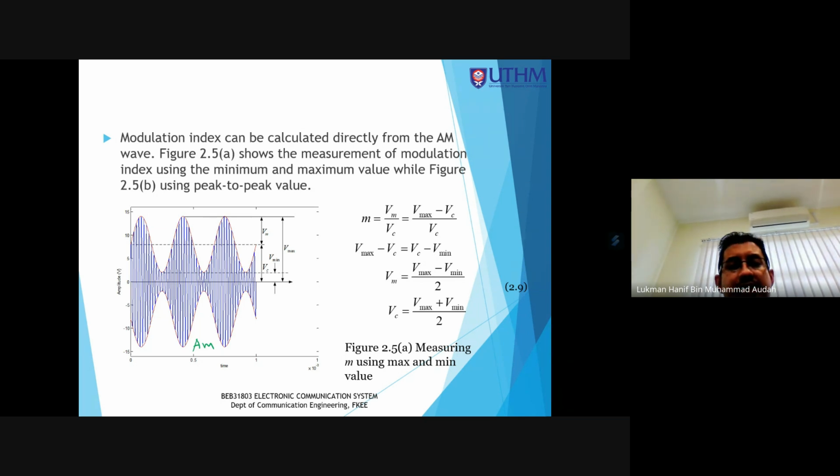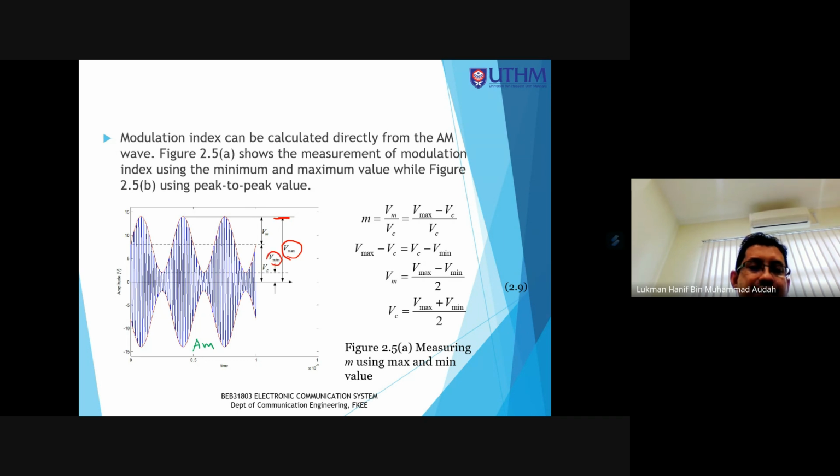And we have a few parameters. What we call Vmax is calculated from the x-axis until the highest amplitude. Another parameter is Vmin.